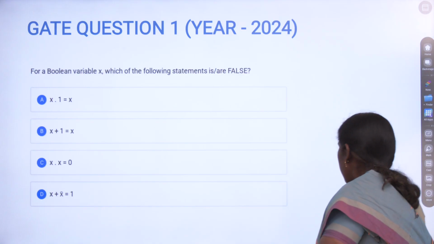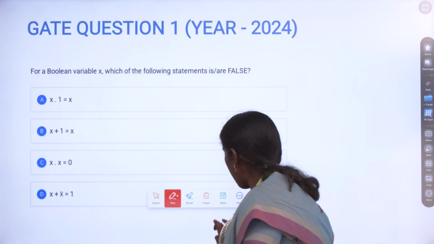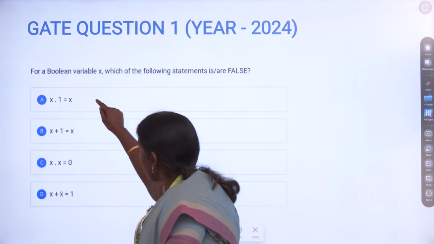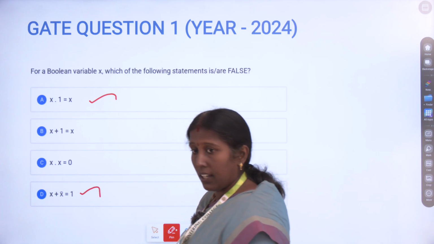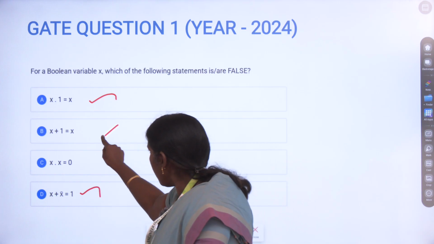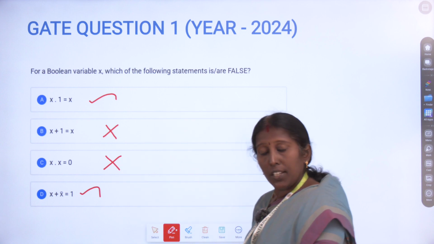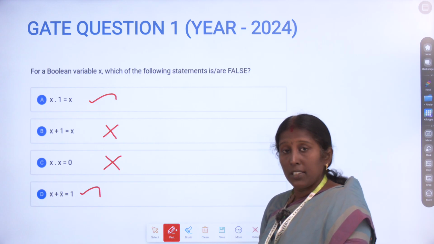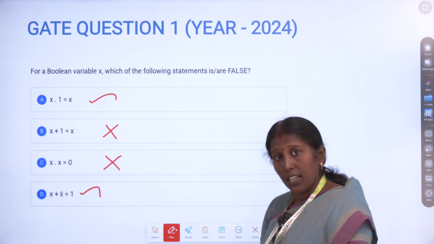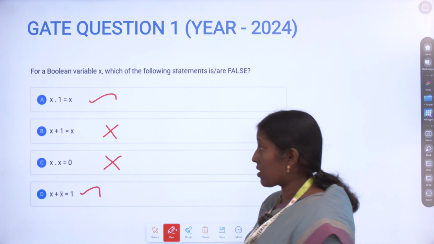From this it is very clear that choice A is right, choice D is right. So choice B and choice C is wrong. Usually we will be having in the mind that there will be only single option, but that is not the case. In some cases there might be 2 options, some cases there might be 3 options.